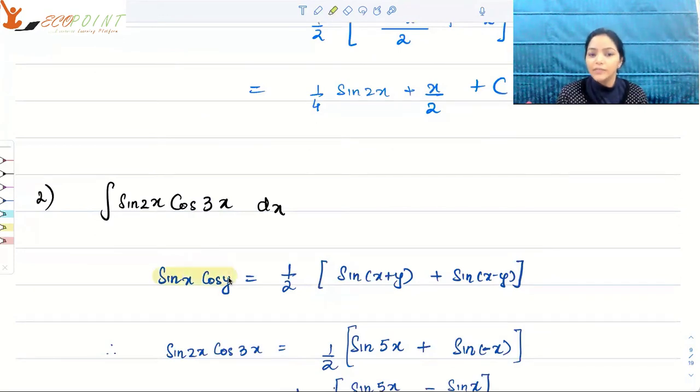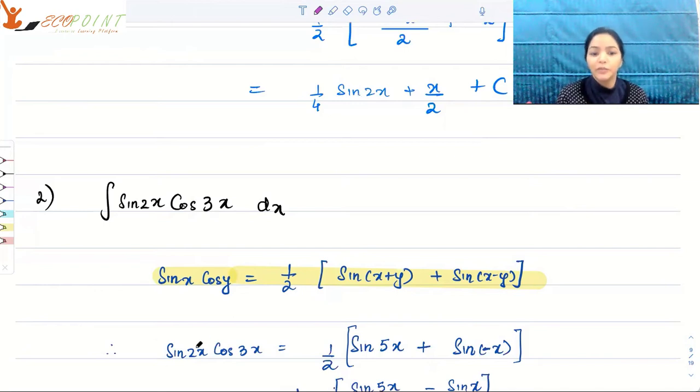sine x cos y is equal to half of sine x plus y plus sine x minus y. Or in other words, if you open up sine x plus y plus sine x minus y, you will get twice of sine x cos y. So getting sine x cos y from here, and your x this time is 2x and y is 3x.